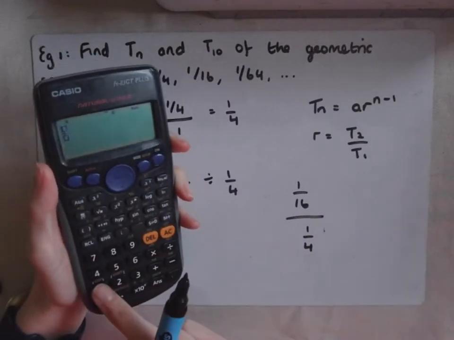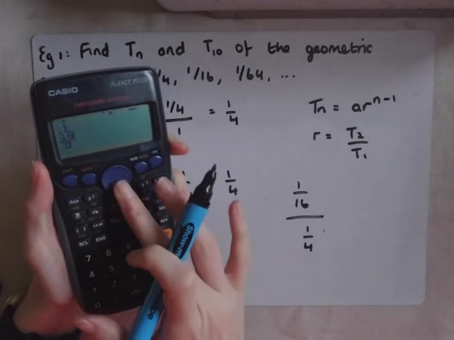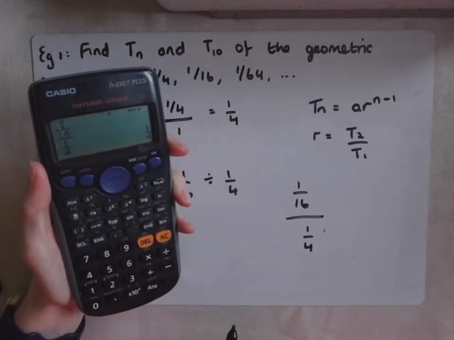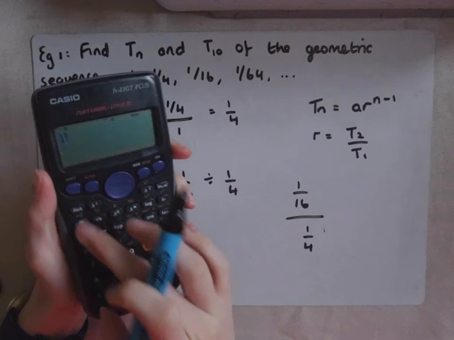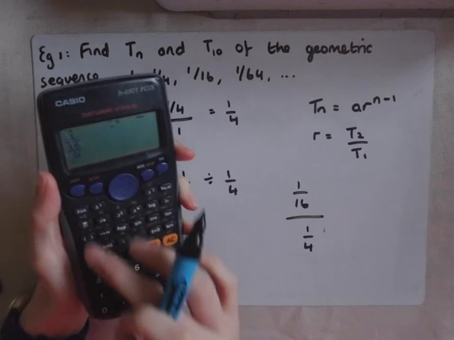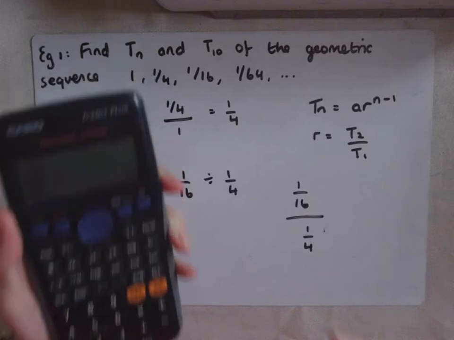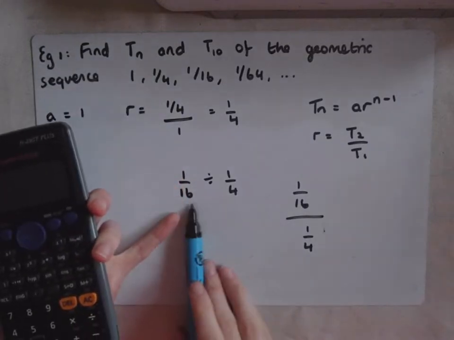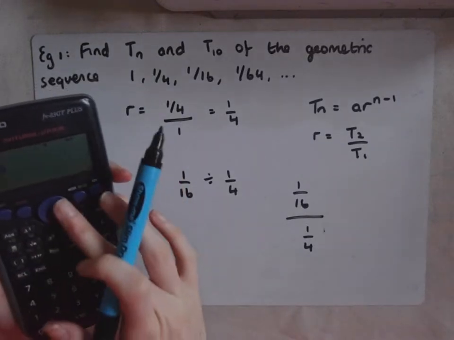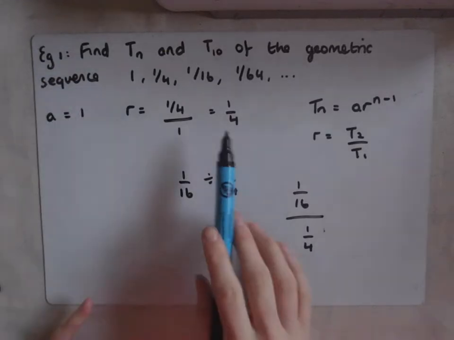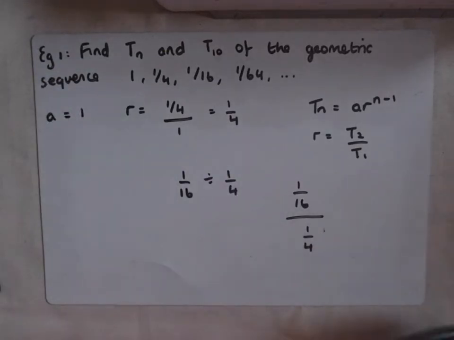Then I'd say 1 over 16, 1 over 4. So that's a quarter. If you start doing 1 over 16 over 1 over 4, you get a completely different answer. So just be very clear. I think this is probably safest. 1 over 16 divided by 1 over 4. And you get 1 over 4. So there's your common ratio.